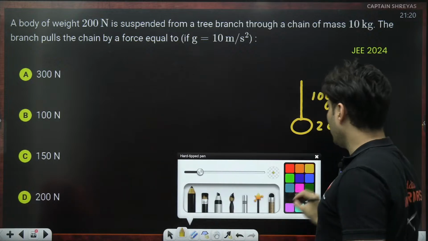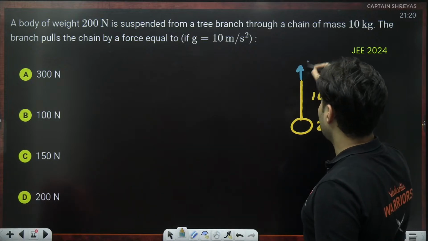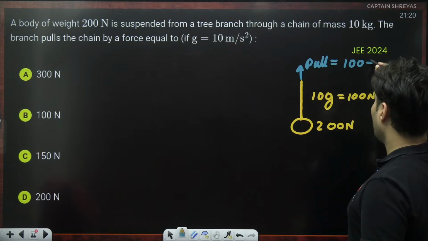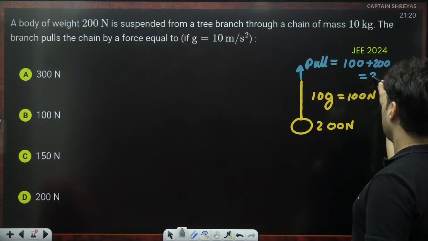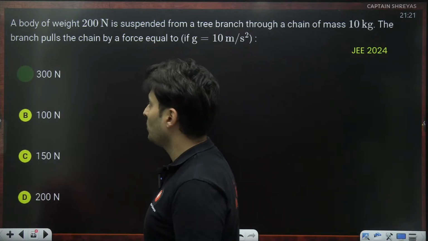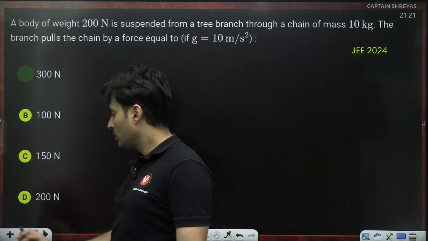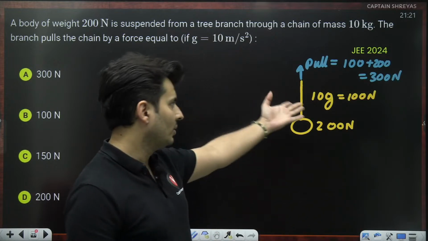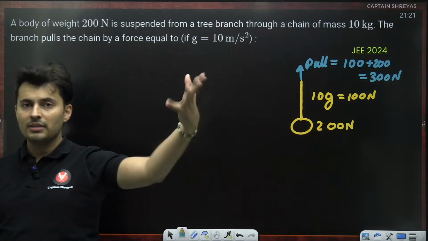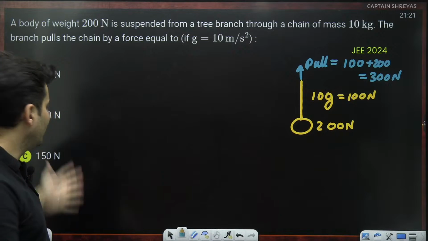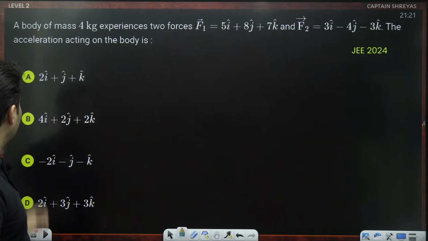So in order for you to pull this, you will not only need 100, but you will also need to apply that 200, which will make it 300 Newton. I don't know why this was even a question in JEE Mains 2024. Really guys, just look at the level of the question. It is a very laddu question. You just have to add the weights. Obviously, that much force you will apply to pull it up. As simple as that.